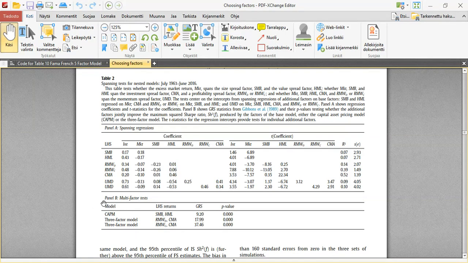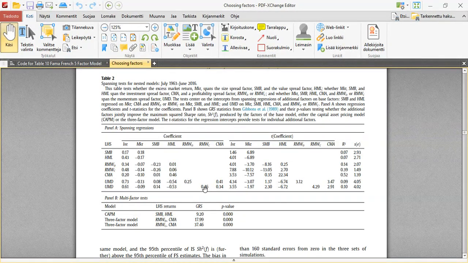Last but not least, in the last two rows here, we see they regress the momentum factor on the 5-factor model, either using operating profitability as a regressor or using cash profitability in the last equation.